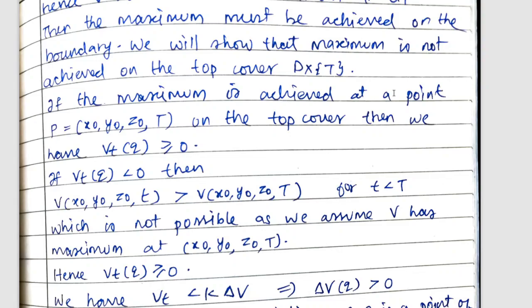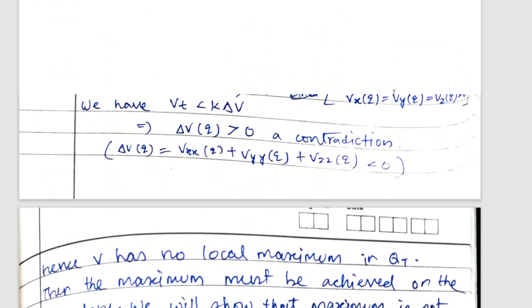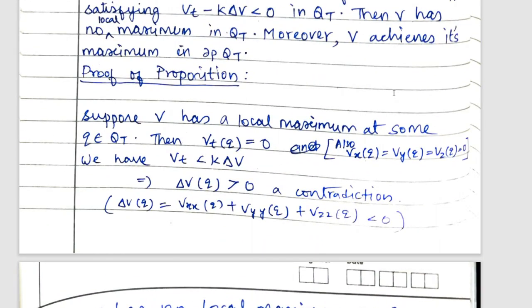Here we have to show that V achieves its maximum not merely on the boundary, but on the parabolic boundary, denoted by the symbol P. Parabolic boundary means the boundary excluding the top cover.